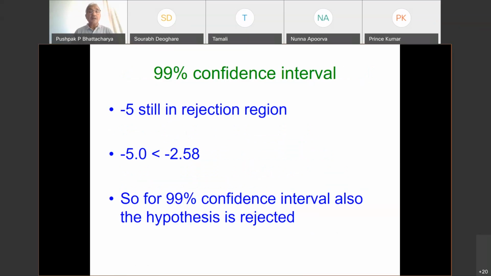Now, what about 90% confidence interval? That is more permissive. But minus 5 remains still less than minus 1.28. So for 90% confidence interval also, the hypothesis is rejected. So in this case, 90%, 95%, 99%, all these confidence intervals lead to rejection of the null hypothesis based on the evidence, which is the data.